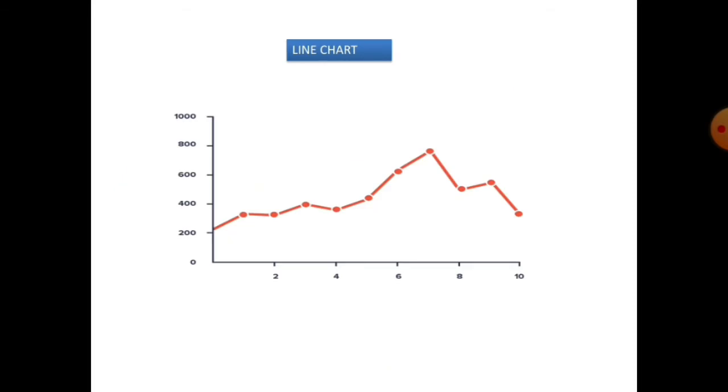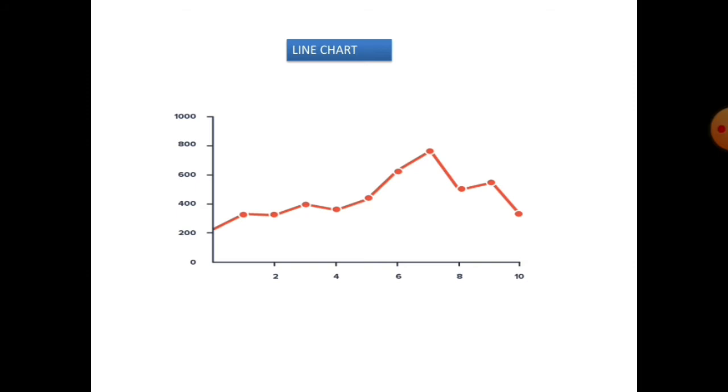the line chart. A line chart represents the changing trends in the data values at equal intervals. These types of charts prove to be very useful in depicting the change of value over a period of time, that is, to analyze the data.